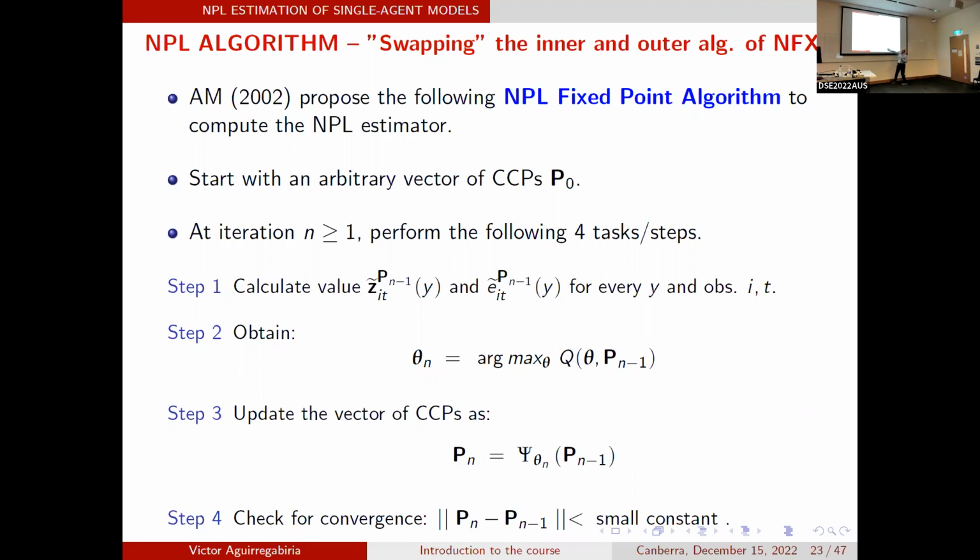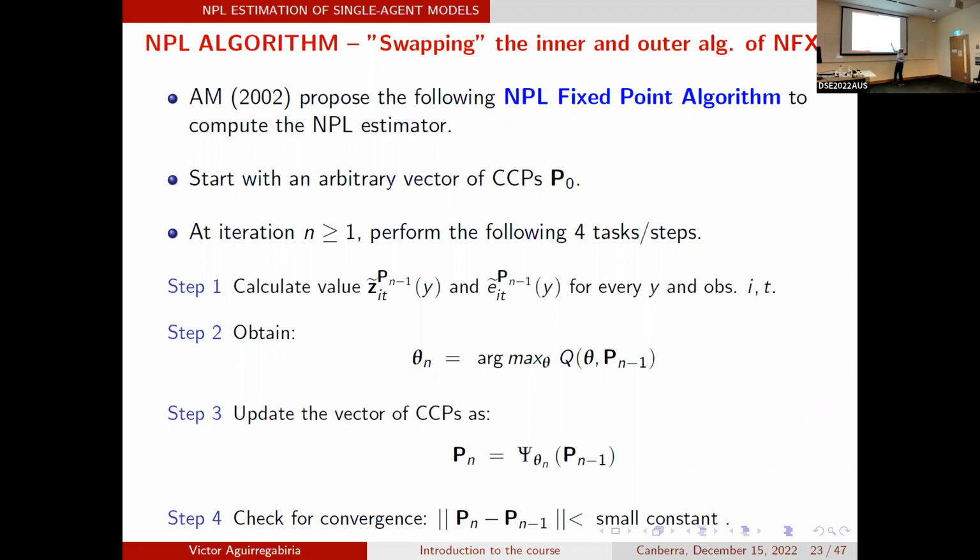What is basically what we are doing here? This expression is like a fixed point mapping where P, or Pn minus 1, is entering in two different ways. It enters directly, through the way that P enters in Z tilde and E tilde. It enters in the Polish iteration mapping.